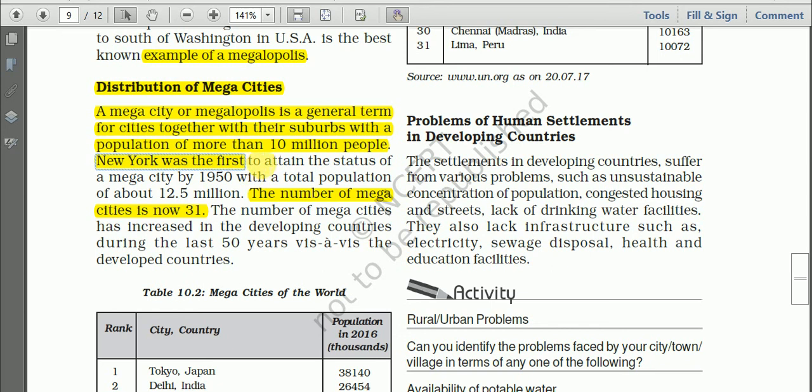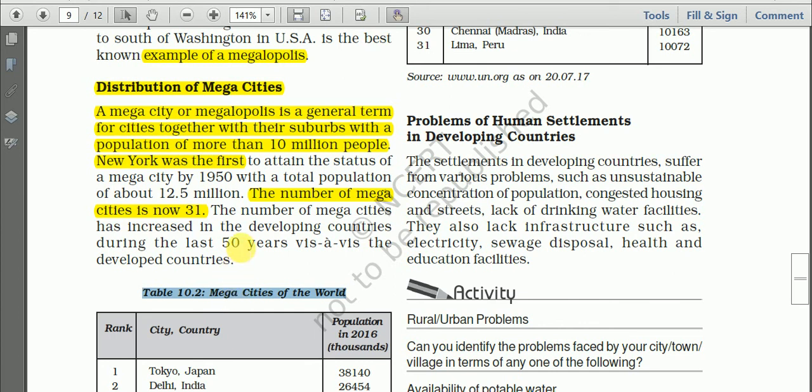New York was the first to attain the status of a megacity by 1950 with a population of about 12.5 million. And now we have 31 megacities in the world, and it is presented in table number 10.2, megacities of the world.